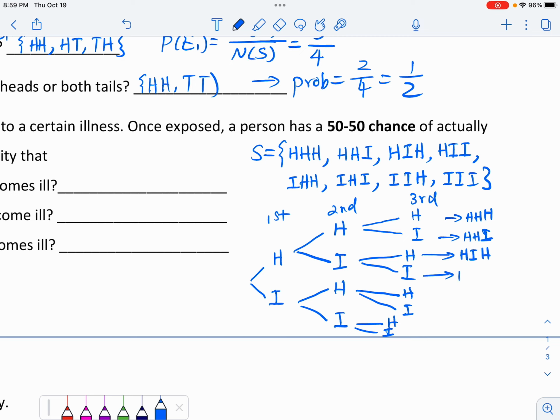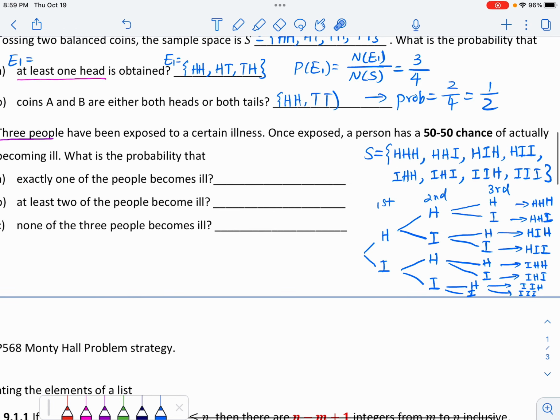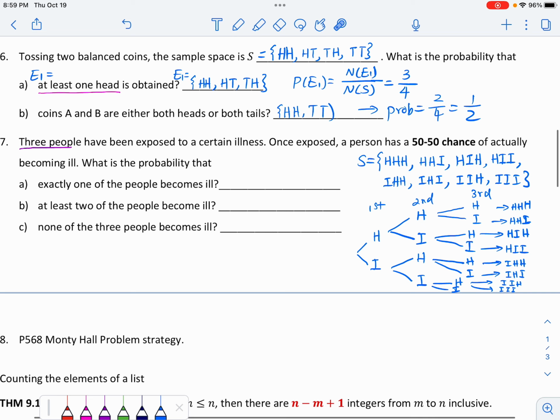Then the next one will be healthy, ill, ill. Let me just quickly write this down. And this is IIH. The very last one is III. By the way, we see that there are 8 outcomes in the sample space.